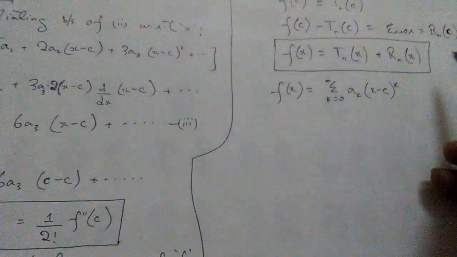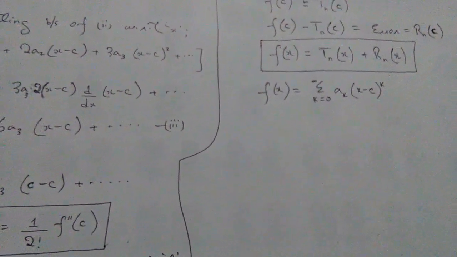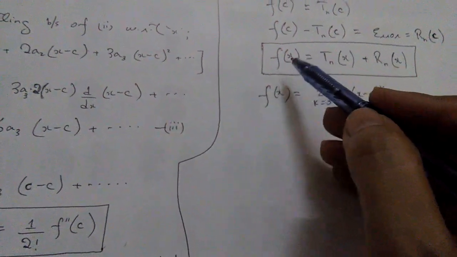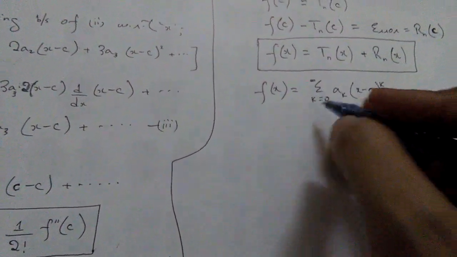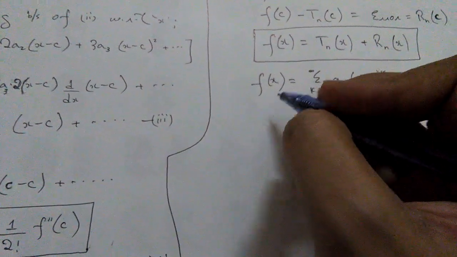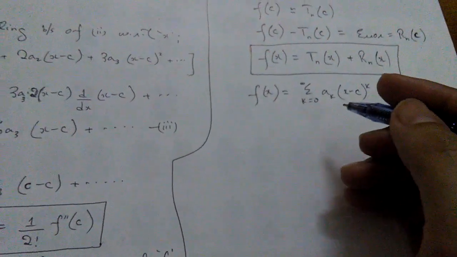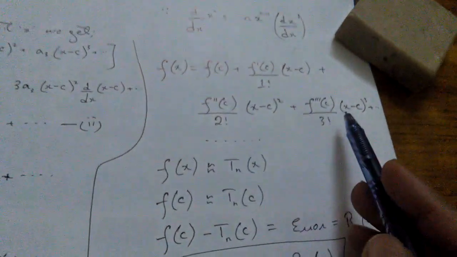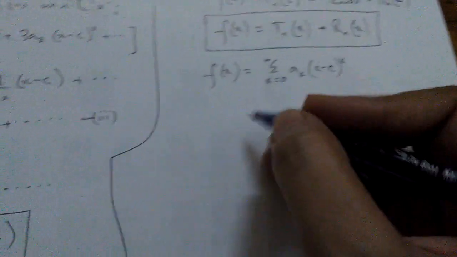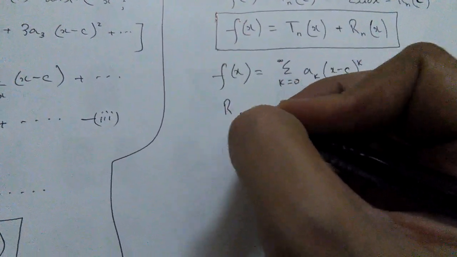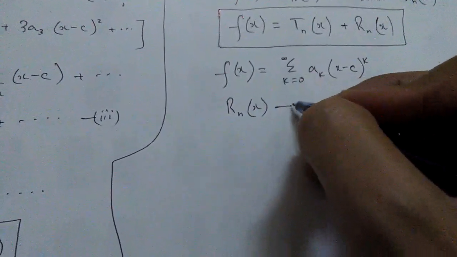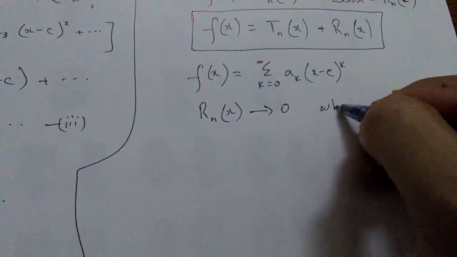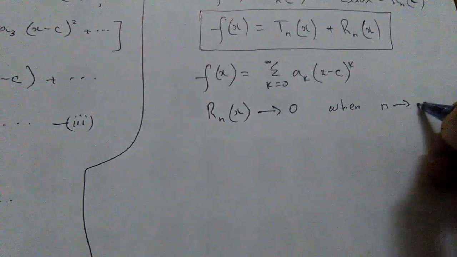As far as the existence is concerned, what is the condition under which we can approximate a certain function by means of a Taylor polynomial? The condition is that if you keep on increasing the number of terms of a certain polynomial function, the error gets minimized, meaning R of x will tend to 0 when the number of terms of the polynomial increases up to infinity.